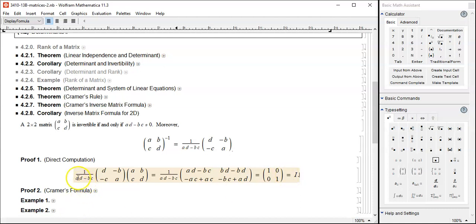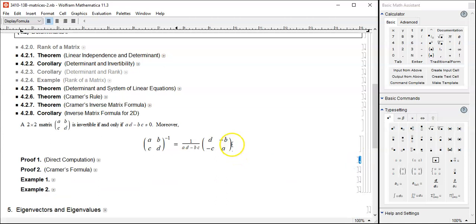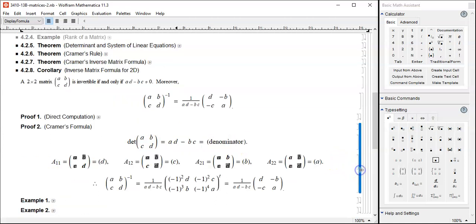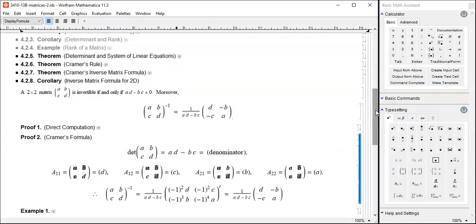The scalar multiplication 1 over AD minus BC stays there, and then first row times first column, first row times second column, and so on. Do all those computations, and it turns out that after simplification, we get the identity matrix 1, 0, 0, 1. This is the easier way, but it is possible to do this using Cramer's formula, in a kind of strange way.